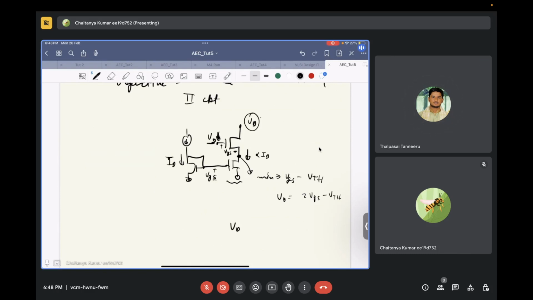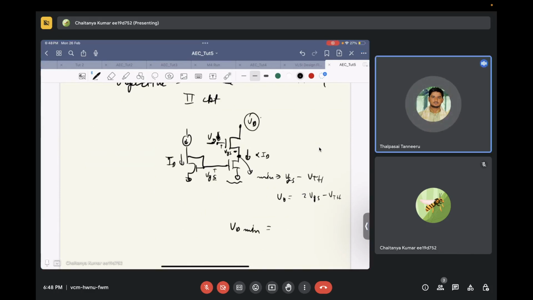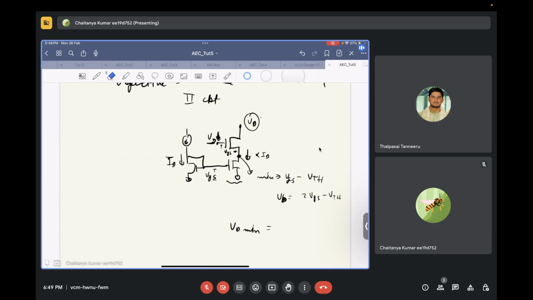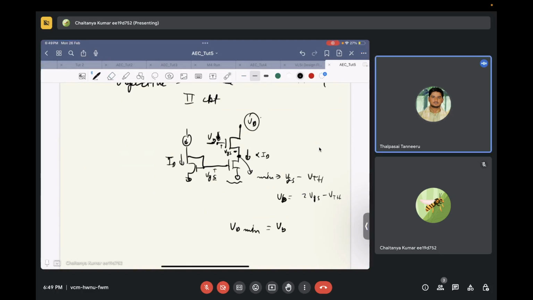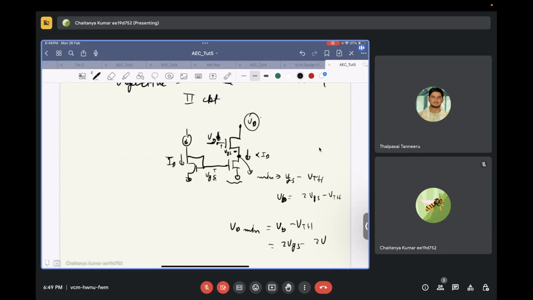That is this particular voltage. VD min is equal to two times of VGS minus, okay, VTH will get cancelled. In terms of VB, what is it? VB minus VTH, sir. Yeah, VB minus VTH. So what is it in actuality? Yeah, two times of VGS minus two times of VTH.